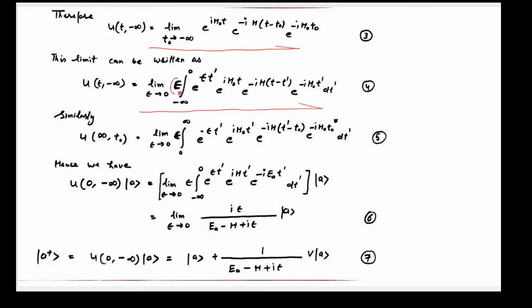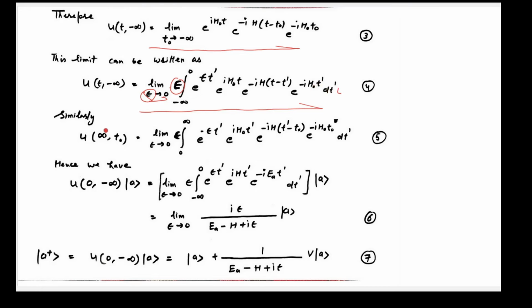Here we have introduced epsilon, this epsilon approach to 0, e raised to epsilon t dash, e raised to iota h0 t, e raised to minus iota h t minus t dash, e raised to minus iota h0 t dash dt dash.